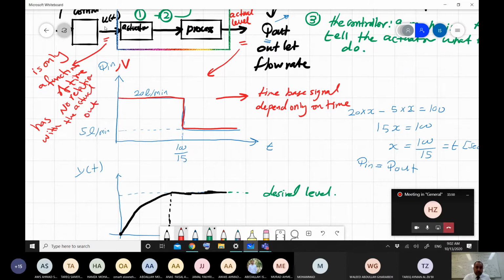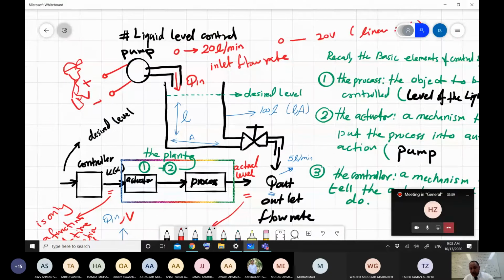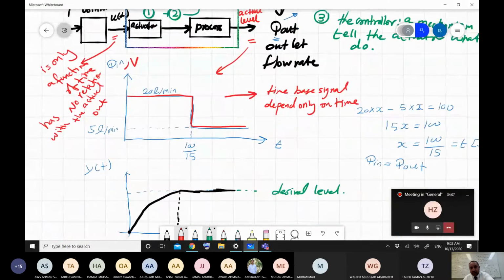Okay. Now, U of t is the voltage in this case, yes or no? Because if I need to control the pump, I must adjust the voltage, yes? So I'm adjusting the voltage based on time, from zero until 100/15.